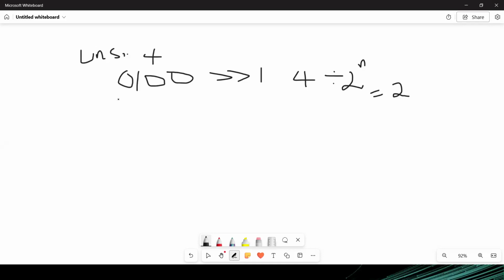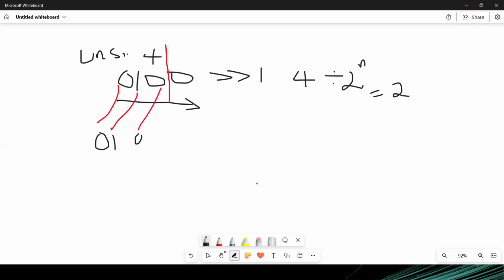Now, instead of shifting to the left, I'll be shifting to the right. Since I'm shifting by 1, I will cut off 1 bit, the least significant bit, which is this one. I will take this one out, so here will be 0, here will be 1, and here will be 0.